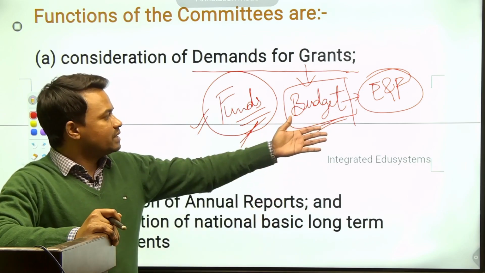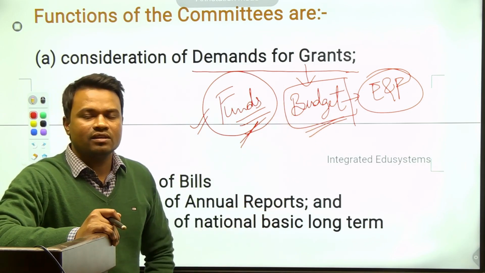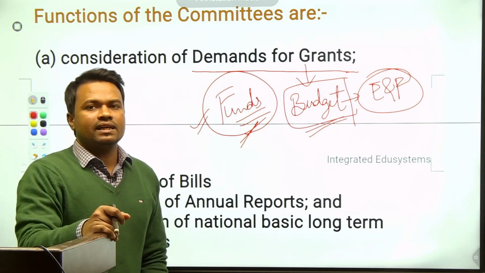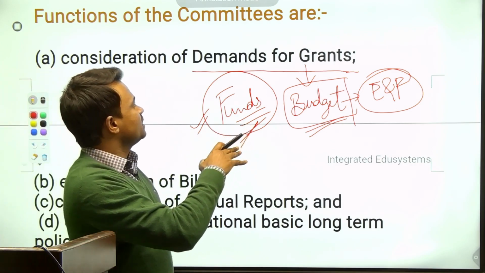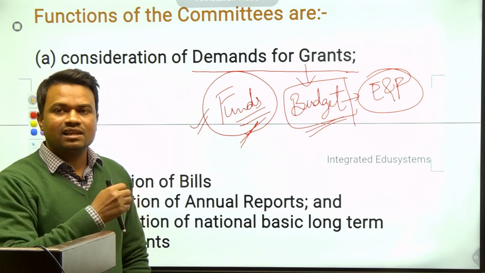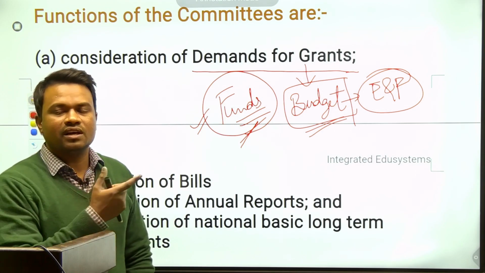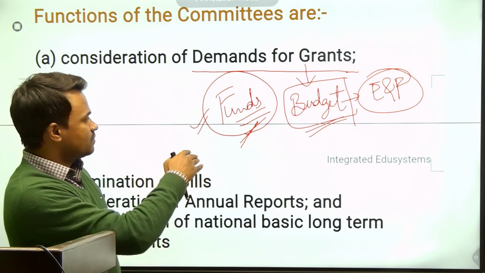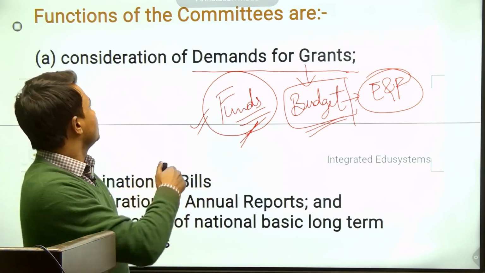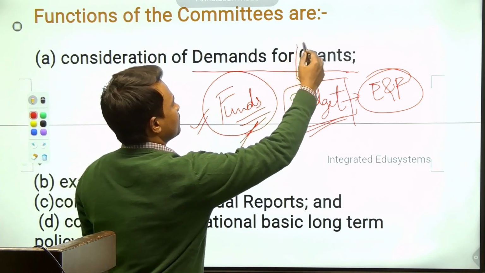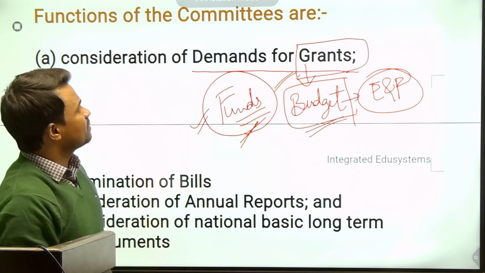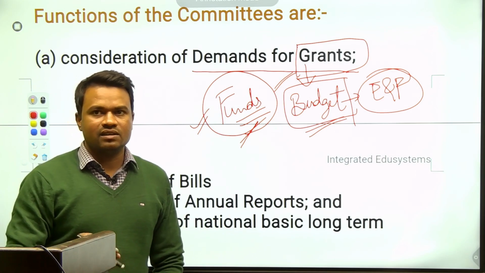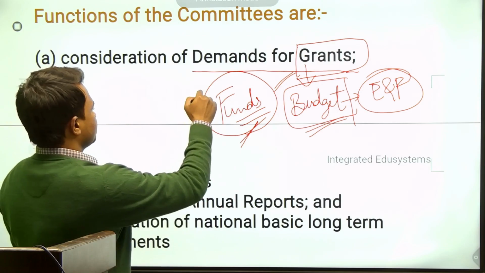Or suppose any inadequacies are found in the fund dispensation through the budget document; then these departmentally related committees will demand the grants. These committees make the demand in Parliament, not the officers or secretaries of the particular department. So this is the proper channel through which specific or additional funds, if required, are demanded in Parliament, in the Lok Sabha.